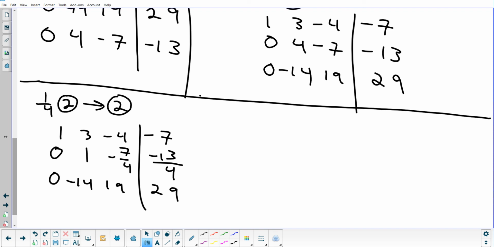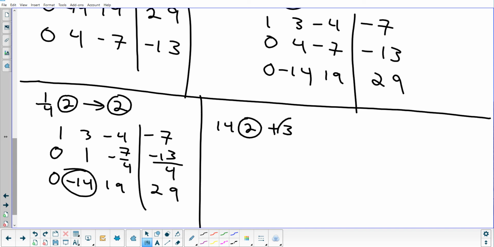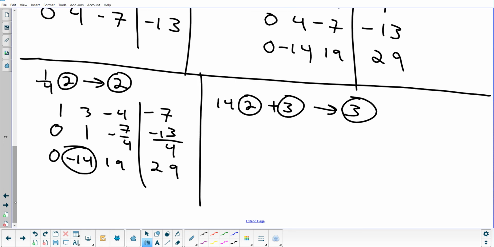All right, what would we multiply row 2 by to make a 0 in this spot? 14. So 14 times the second row, add it to the third row, replace the third row. What stays the same? First row.